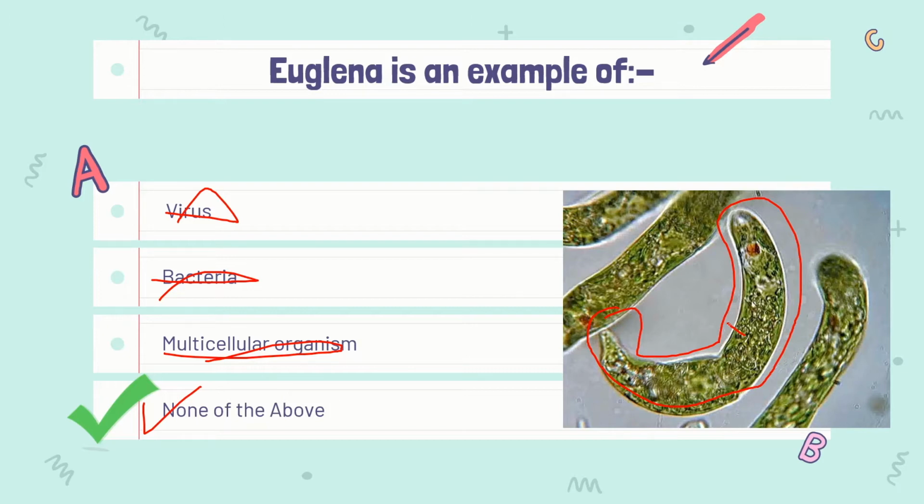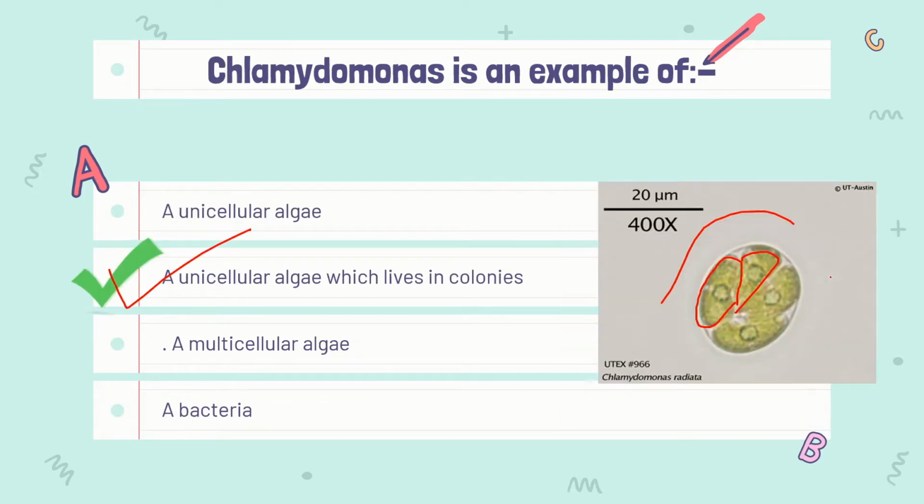Chlamydomonas is a unicellular algae which lives in colonies. The picture shows you everything. This is how it lives in a colony. It looks like there are four nuclei present: 1, 2, 3, 4. This is Chlamydomonas, which lives in colonies.